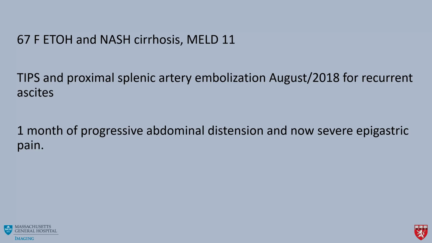And about a month before presentation, the patient began having progressive abdominal distension and pain. The patient initially presented at an outside hospital, was worked up, had recurrent large volume ascites, and was basically transferred to MGH.